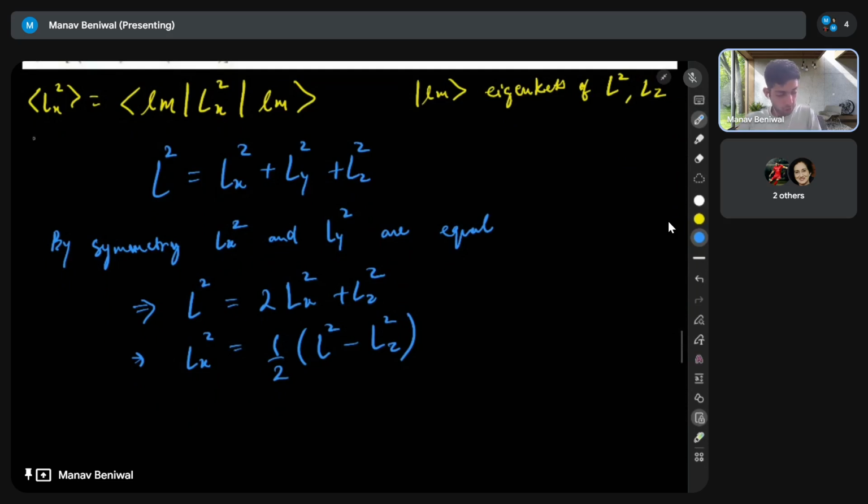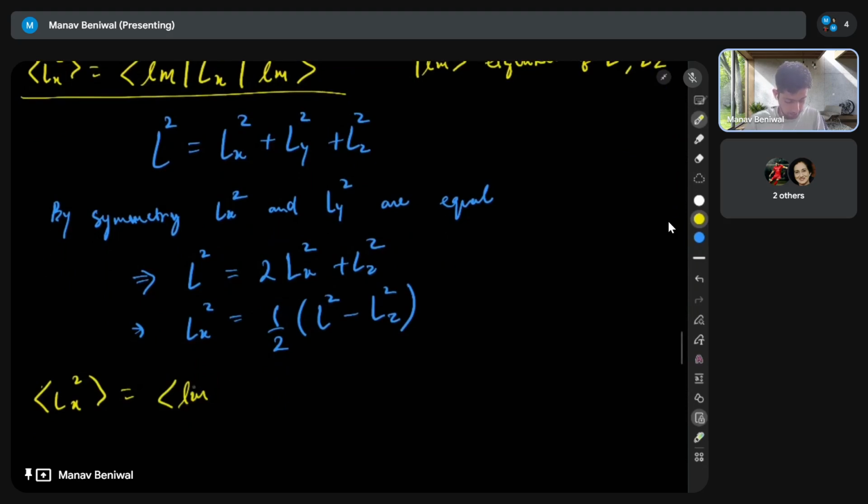Now if we go back to our first line here, our expectation value becomes Lm, let me take out this half outside, and then L squared minus Lz squared and Lm. So this is then half L squared operating on Lm. What will that give us?